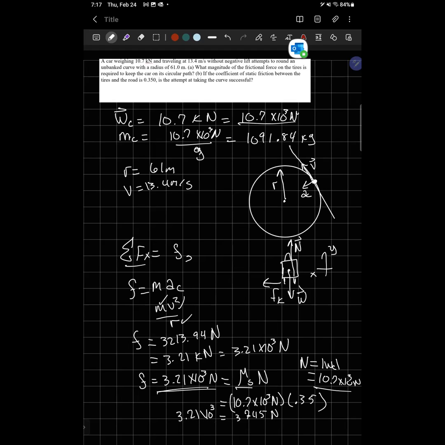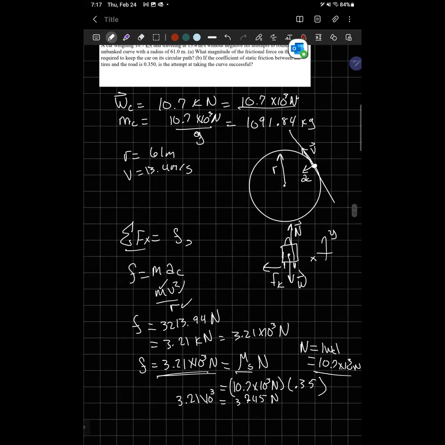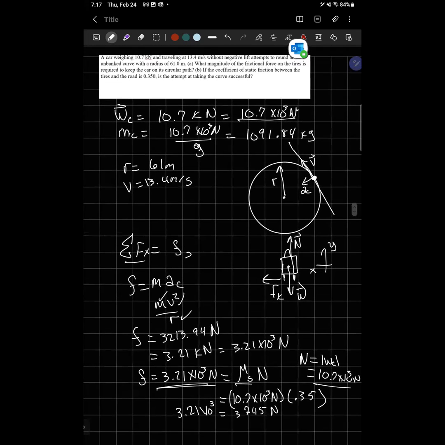Now, of course, it's possible for your tires to be too sticky and topple over, but we're assuming the perfect world where that does not happen. So less than is not good, equal to or greater than is perfectly fine. So the answer to part B would be yes, and then this was part A.